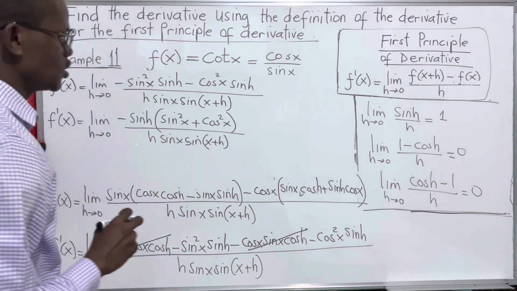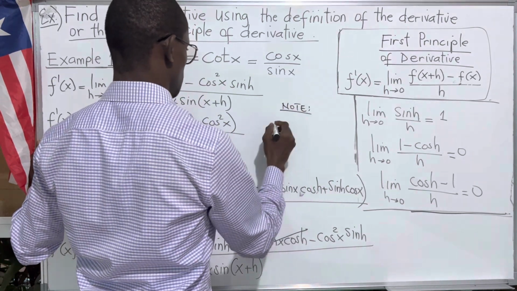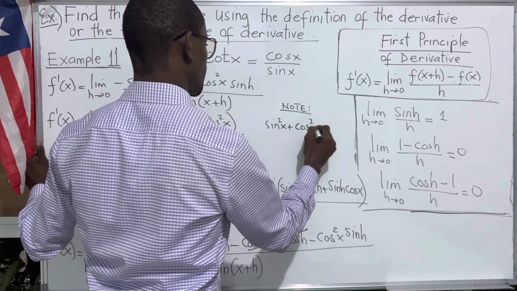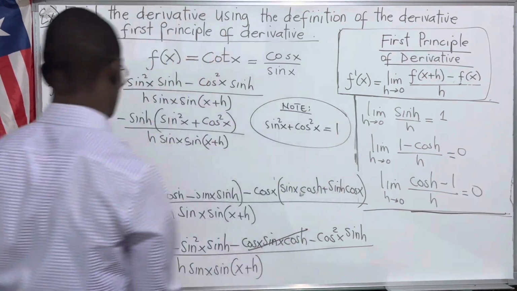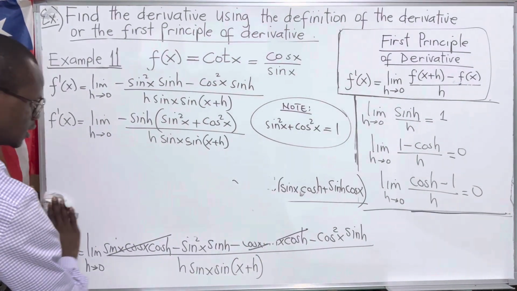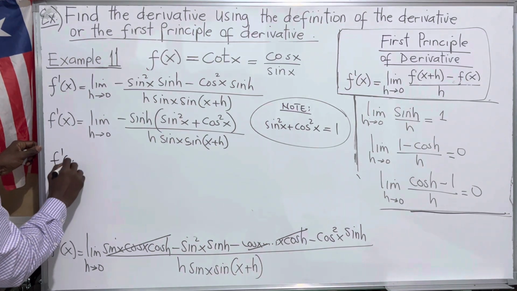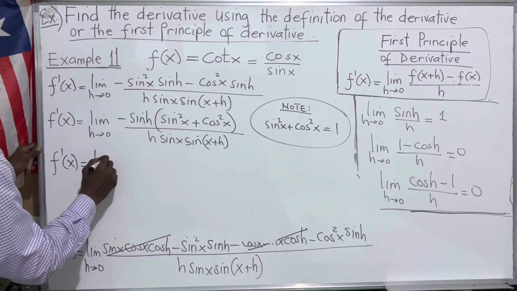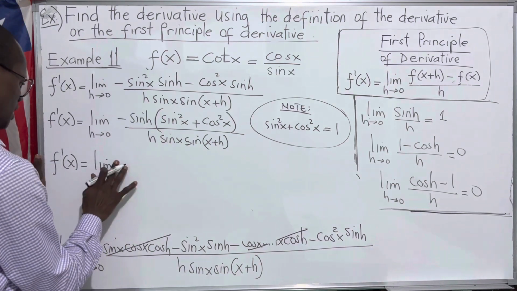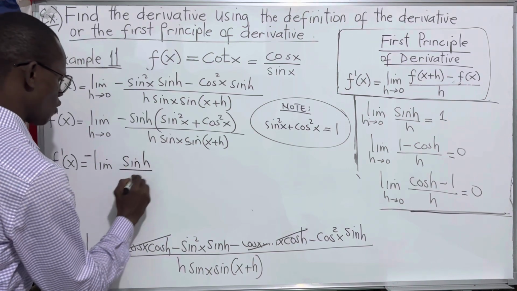So from the Pythagorean theorem, we know that sine square x plus cos square x is equal to 1. So from that property, we can further reduce this expression to minus. Now this negative can even come behind this limit. So you have sine of h all over h.